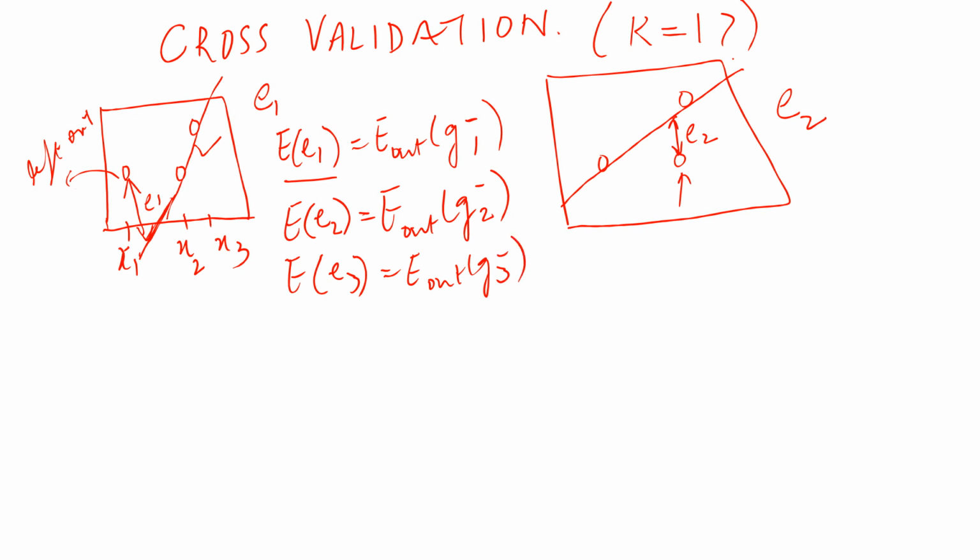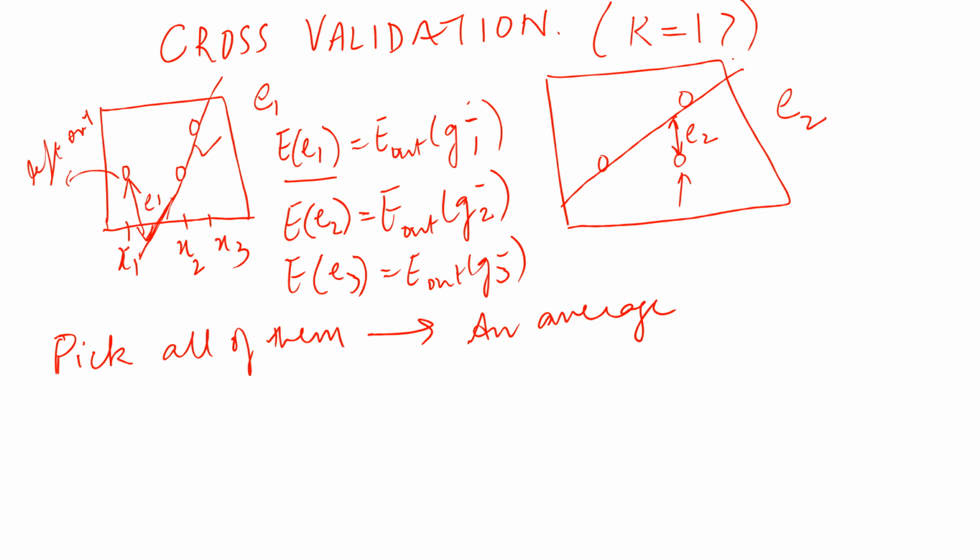Okay, so which of the three should we pick, right? In cross-validation, what we pick is all of them. We are going to pick all of these error calculations, in fact, take an average of all of these. Okay, so how is that going to help? Now imagine all these G minuses, like G1 minus, G2 minus, G3 minus, right?